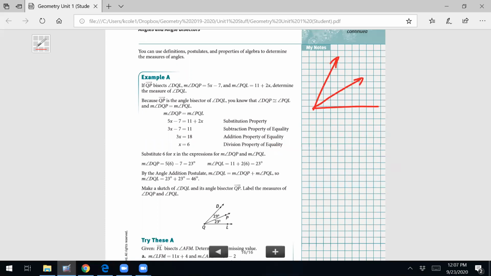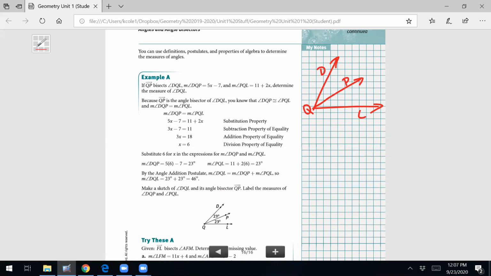Okay, so draw that out. Draw out your little angle right there. And so it says DQL. That's our major angle. And then P is going to be the bisector. What does a bisector do? Cut it in half. Okay?